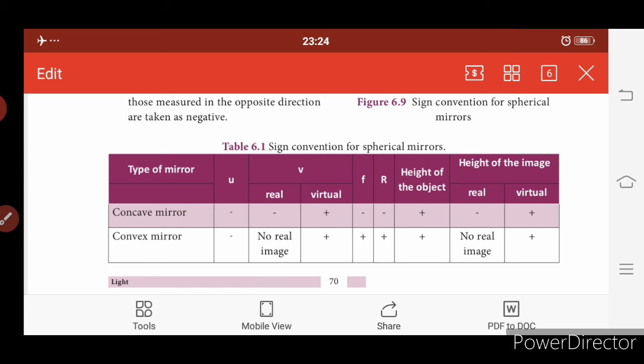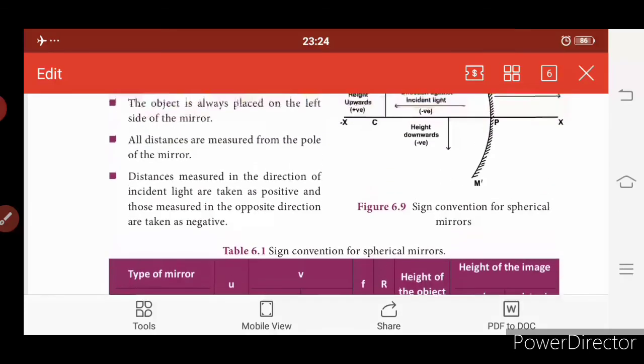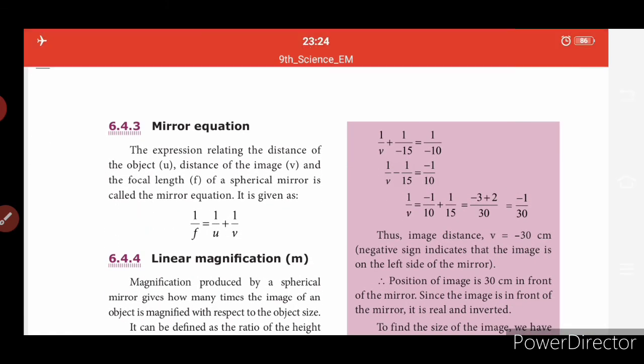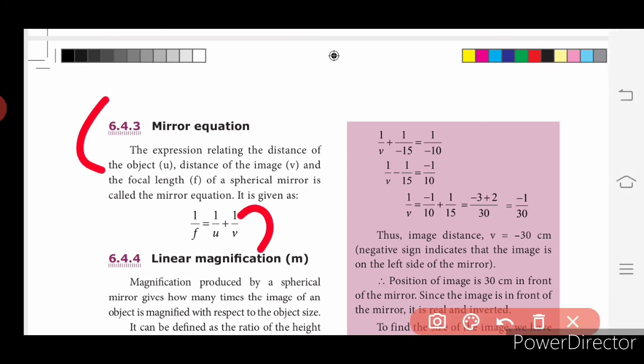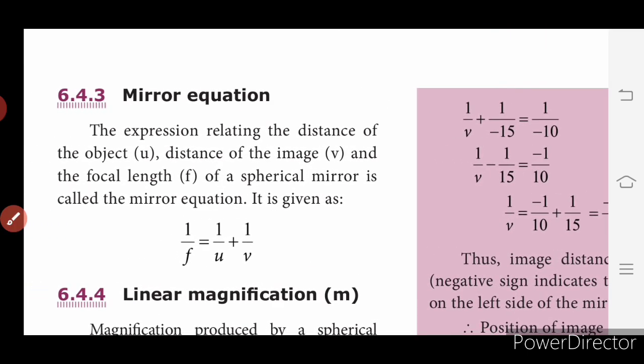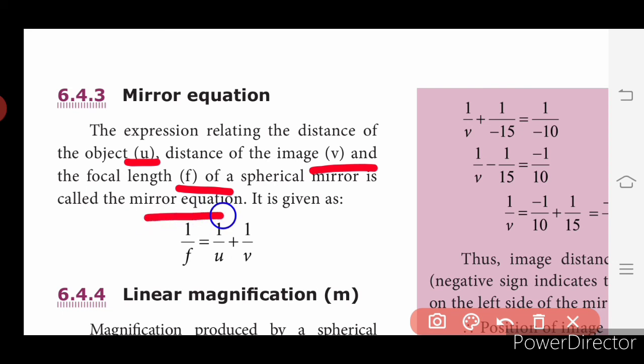Okay, so next we will see the mirror equation. Now what is the mirror equation? Important 2-mark question, very important question. Write the mirror equation. The expression relating the distance of the object U, the distance of the image V, and the focal length F of the spherical mirror is called the mirror equation.